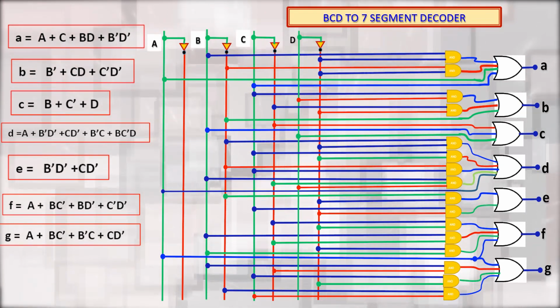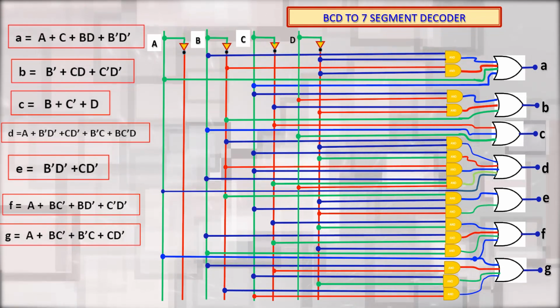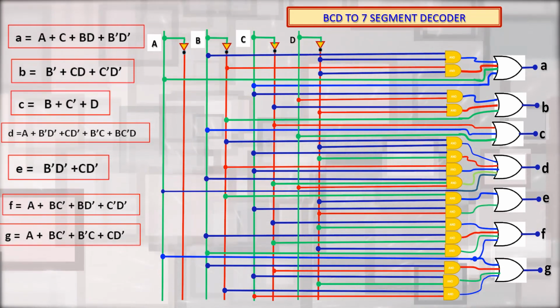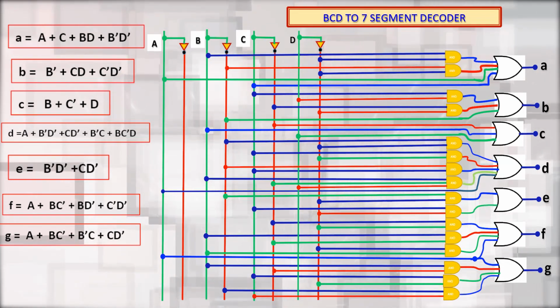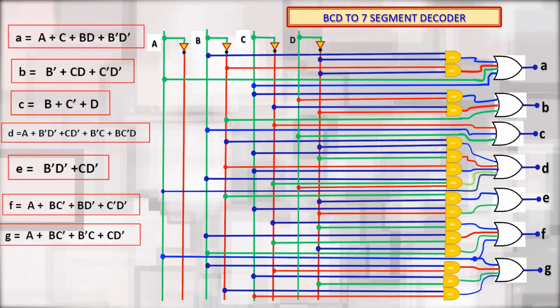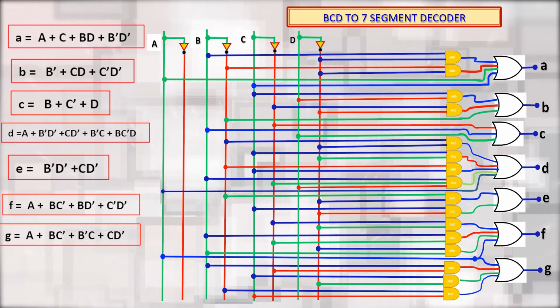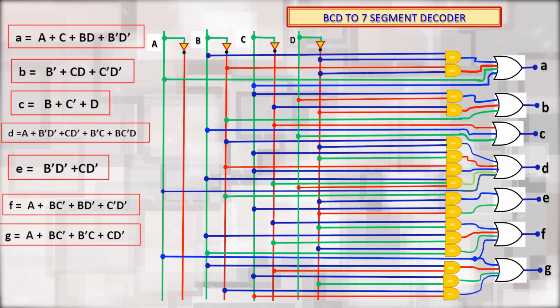So, this way the complete combinational logic circuit of BCD to 7 segment decoder is designed and the circuit is realized.